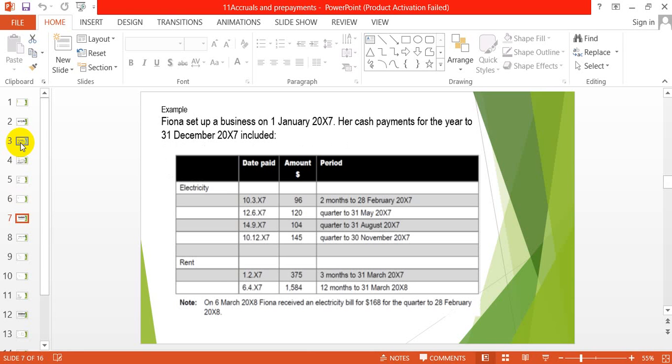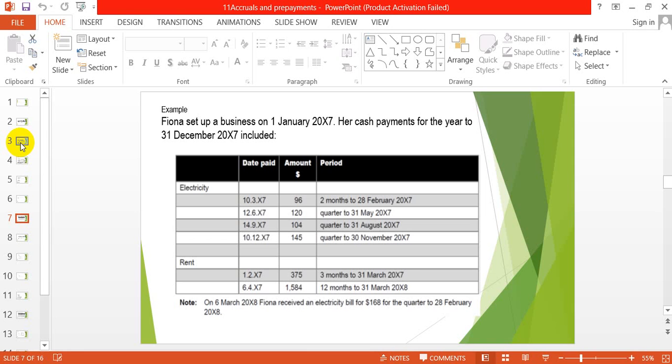Let's now illustrate this in a question. You've got Fiona, who sets up a business on 1st January X7. Her cash payments for the year to 31st December are shown below in the table.